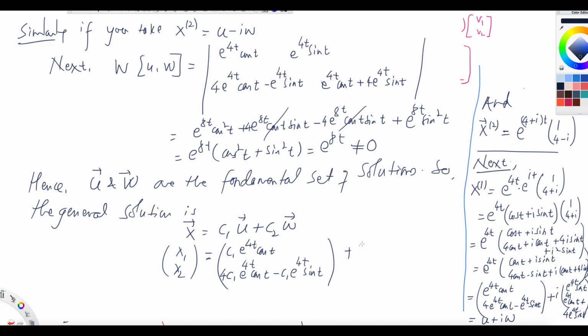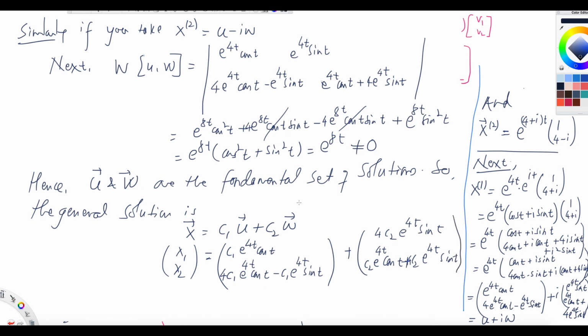So what do you get there? 4 c2 e to the 4t sine t, and then c2 e to the 4t cosine of t plus 4 c2 e to the 4t sine t. This is the final solution.